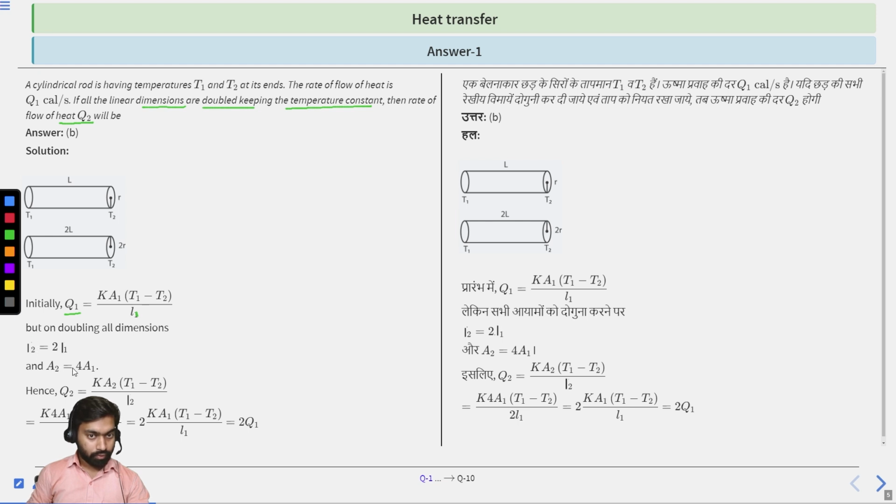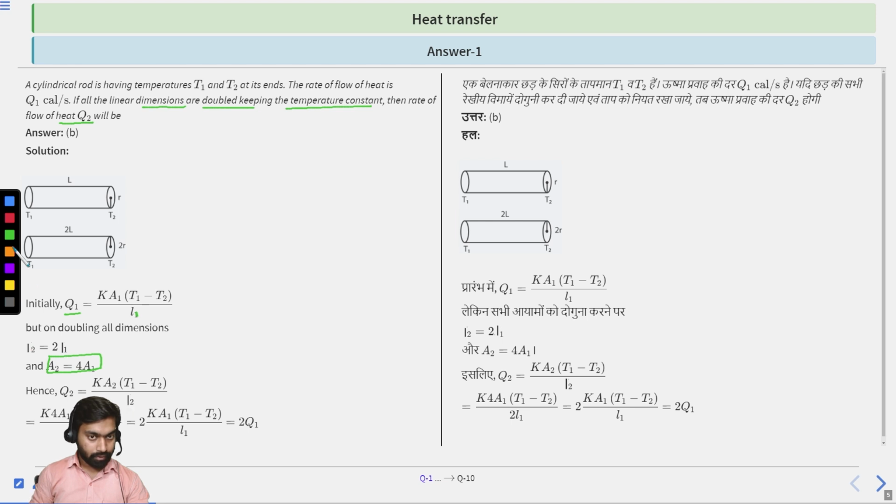And area A2 is equal to 4 times A1. Area becomes A2 equal to 4 times A1. So Q2 is equal to K A2 (T1 minus T2) divided by L2.